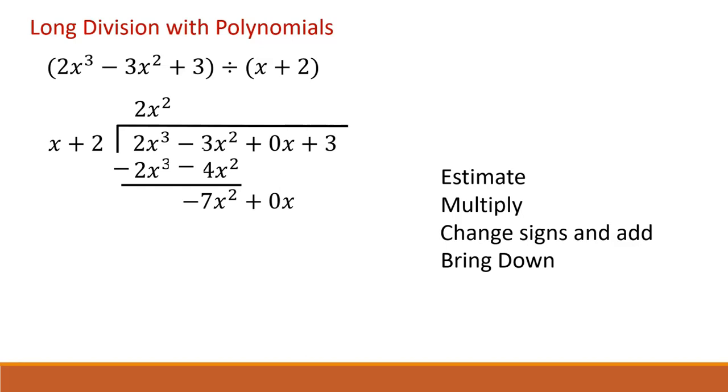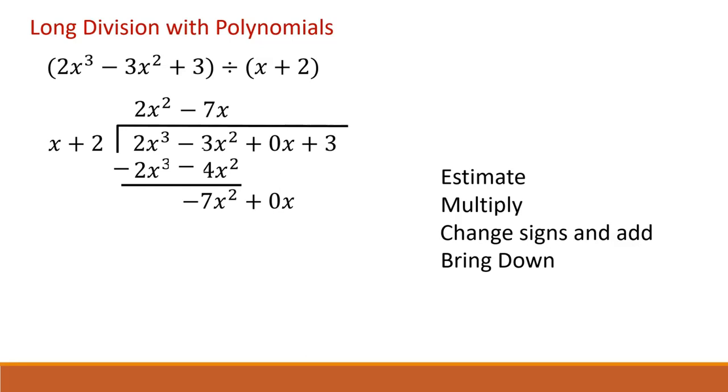Now we start the 4 steps all over again. The first step is estimate, so we'll look at the first terms in the x plus 2 and the negative 7x squared plus 0x. That is the x and the negative 7x squared, and we'll ask ourselves, x times what is negative 7x squared? Well, x times negative 7x is negative 7x squared, so that becomes part of our quotient.